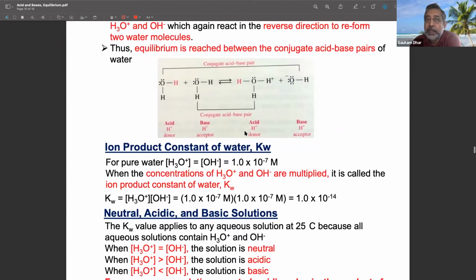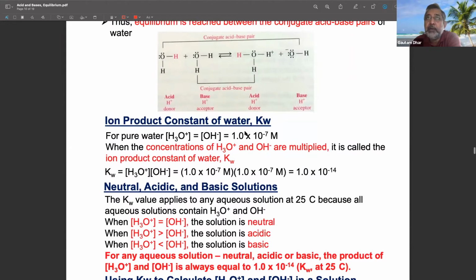Now, the ionic product, which is defined as the concentration of H3O plus multiplied by the concentration of OH minus, has a constant value. At 25 degrees centigrade, this is 1.0 times 10 to the minus 14. And under this condition, because OH minus and H3O plus are equal, the concentration of H3O plus in water is equal to 1.0 times 10 to the power minus 7 molar.